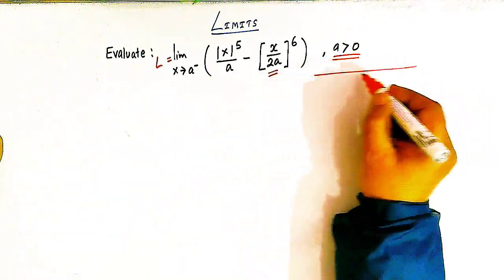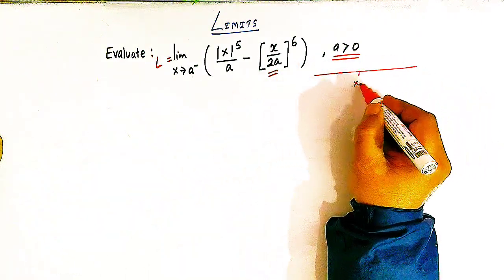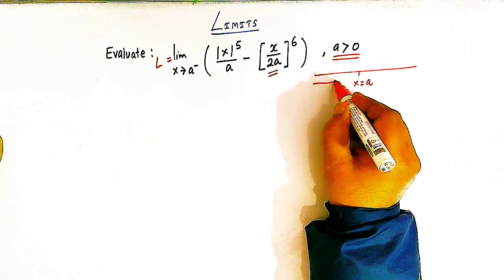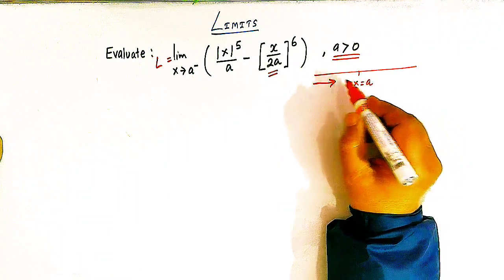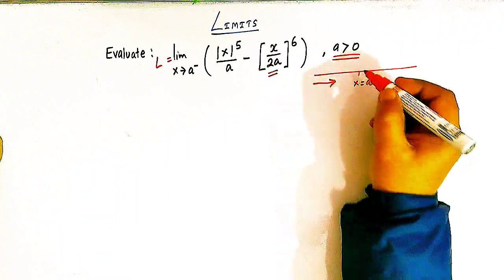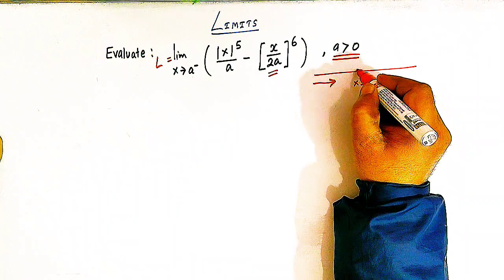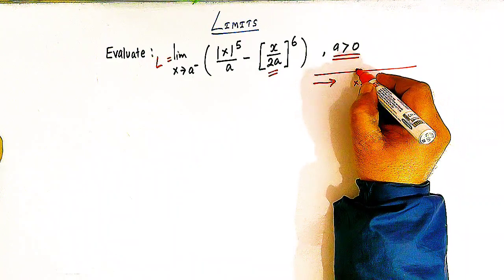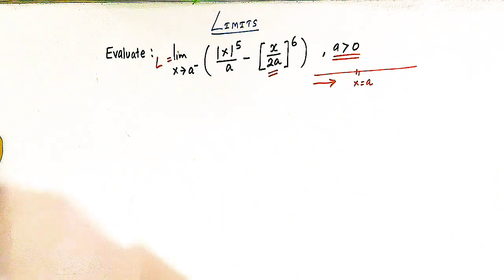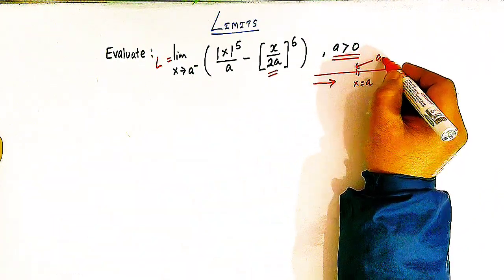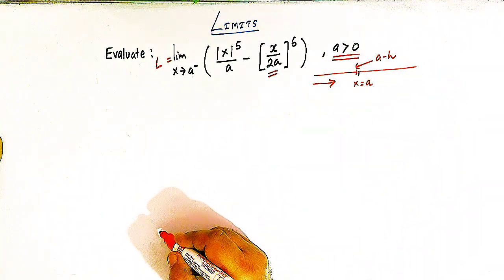So when we approach x is equal to a from this side, we reach a point which is called the left neighborhood of x is equal to a, and this point is a minus h.